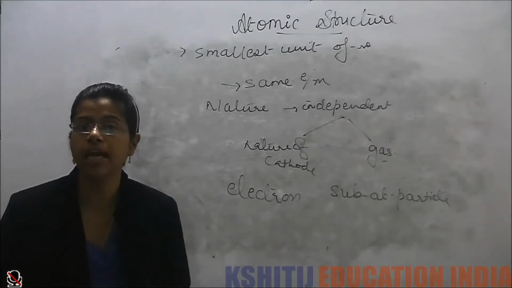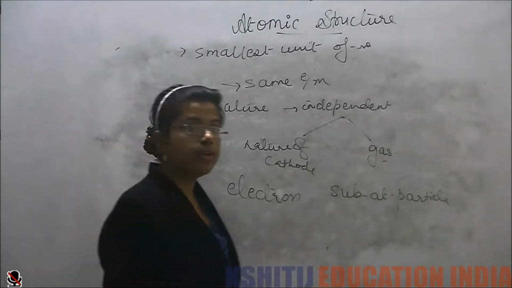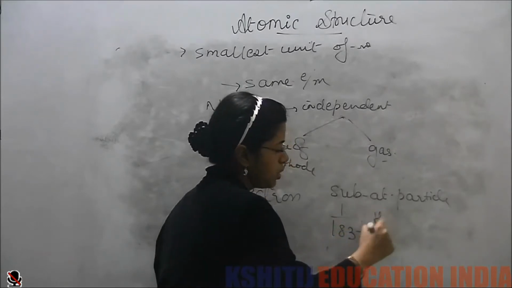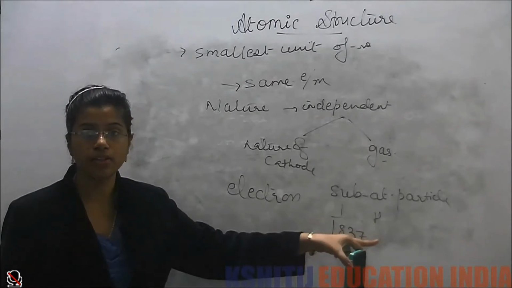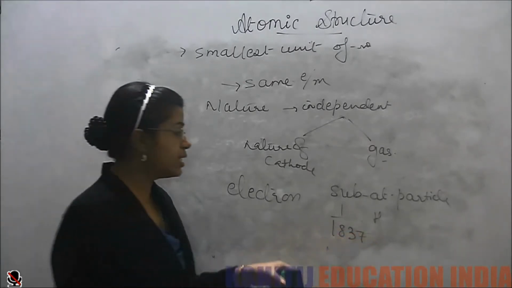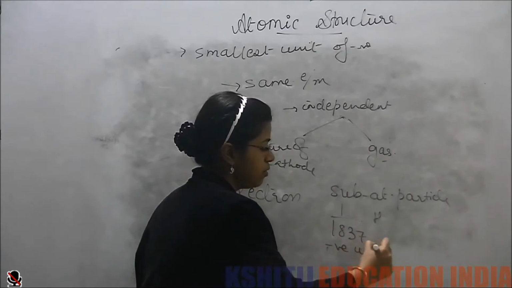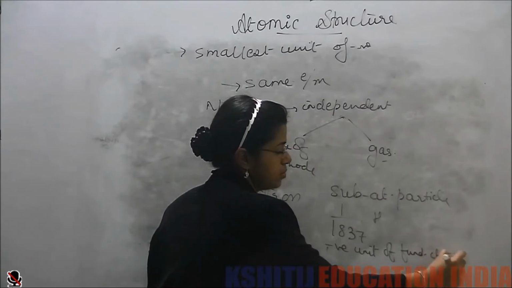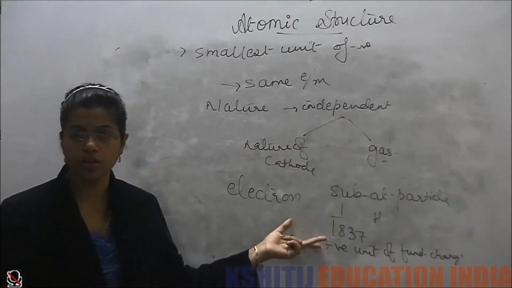Every atom consists of electrons, right? Having a mass equal to 1/1837 that of the mass of a hydrogen atom, and which carries a unit negative fundamental charge. Okay, that is called an electron.